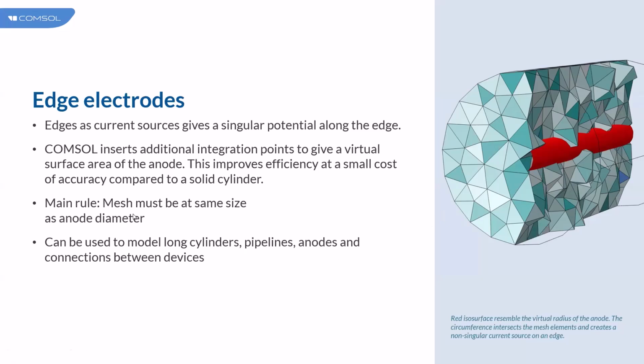And the main rule is that the mesh must be at the same size as the anode diameter, but this is something that you can vary and see how much you need compared to the accuracy that you need. And this can be used to model long cylinders, pipelines, anodes, and connections between different devices in the electrolyte.